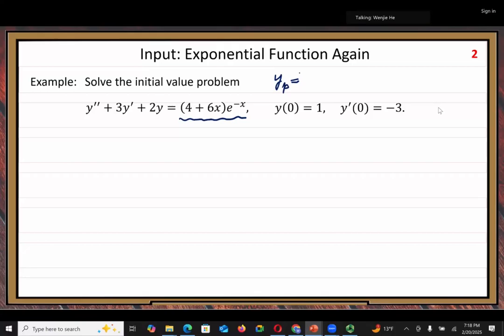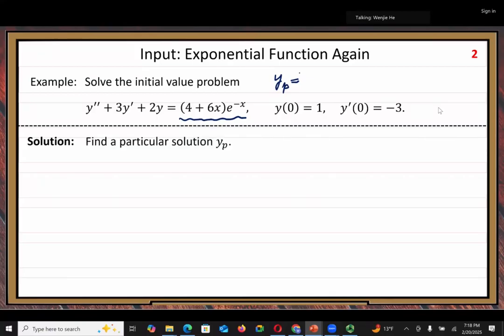That's the question. In this subsection, we want to learn the general rules to select an appropriate structure for that YP function. Find a particular solution, YP.